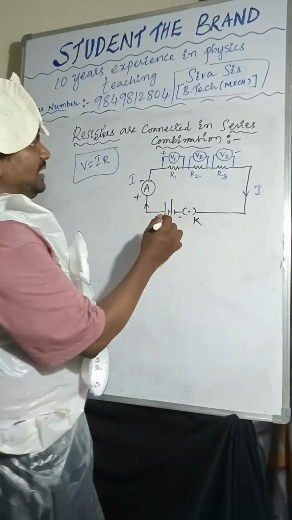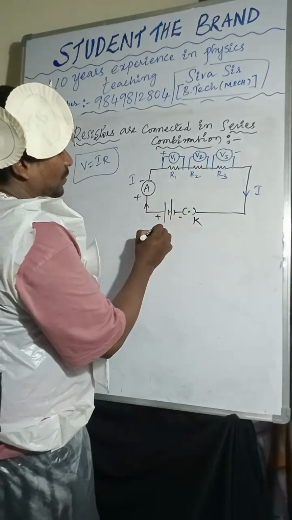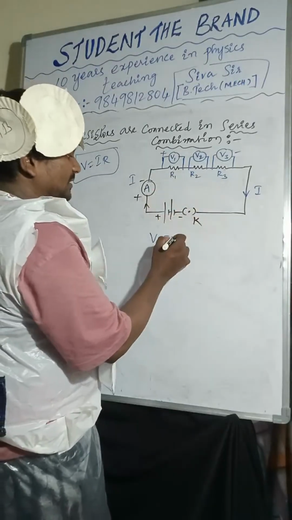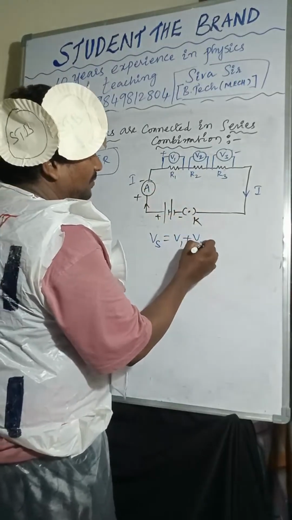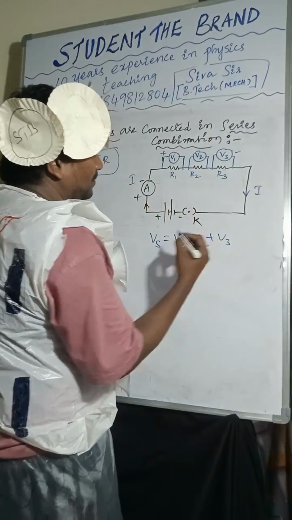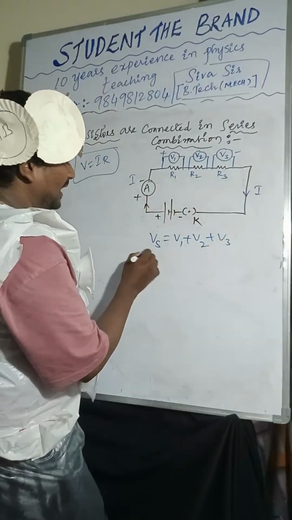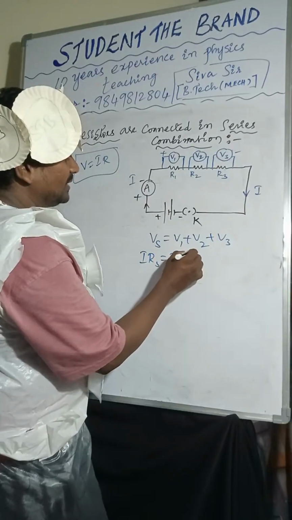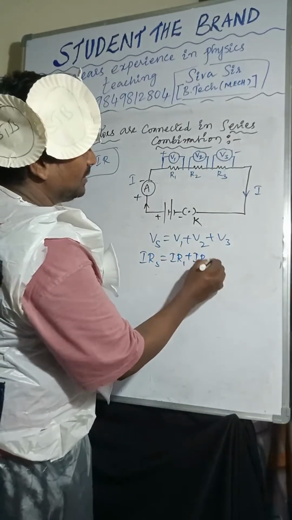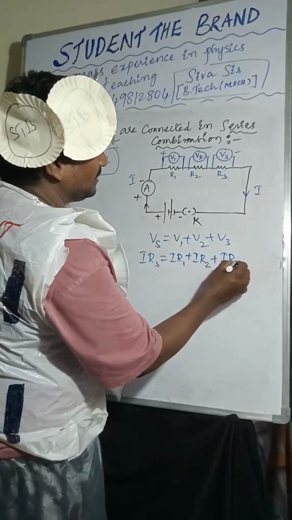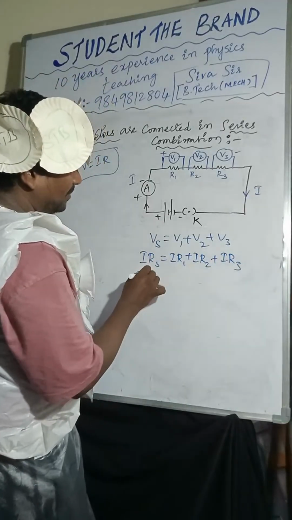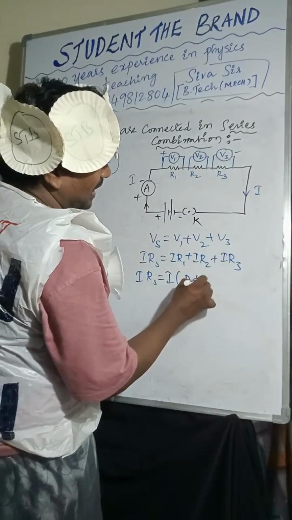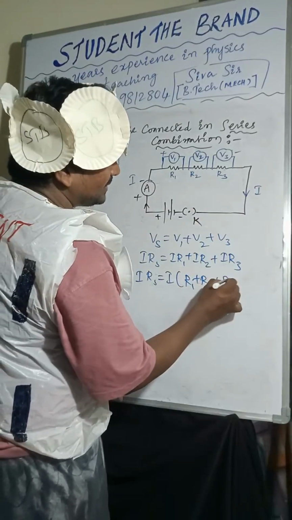Now you can check. The total potential difference Vs is equal to V1 plus V2 plus V3. So I Rs equals I R1 plus I R2 plus I R3. Taking I common, it is I times R1 plus R2 plus R3.